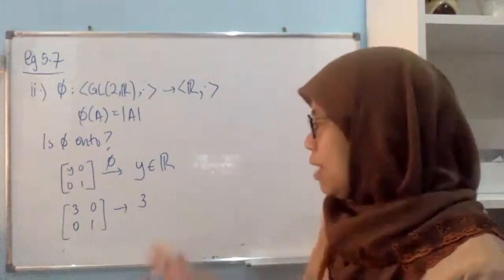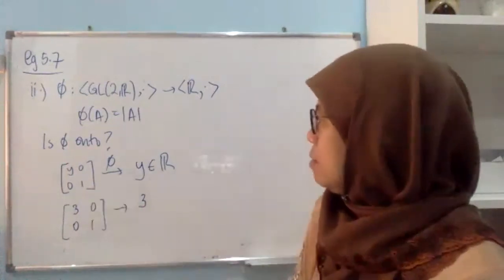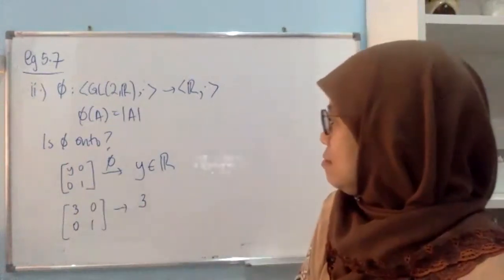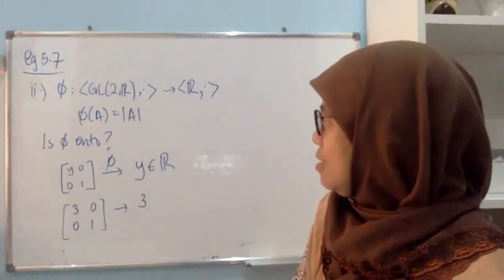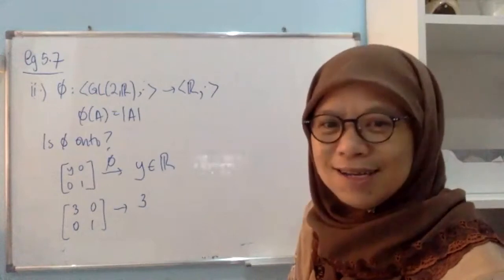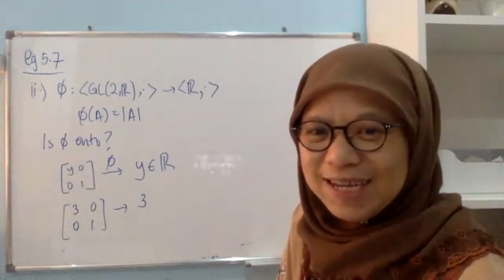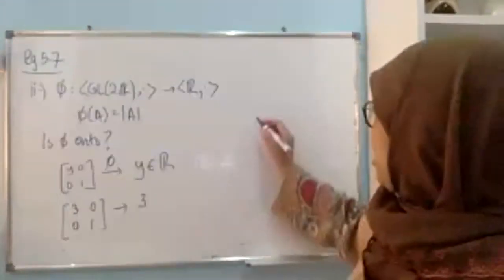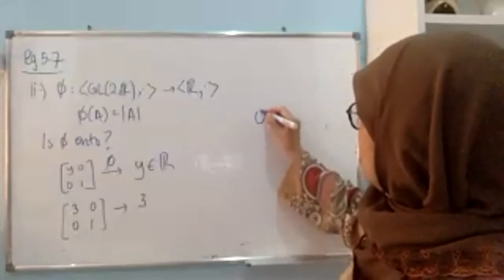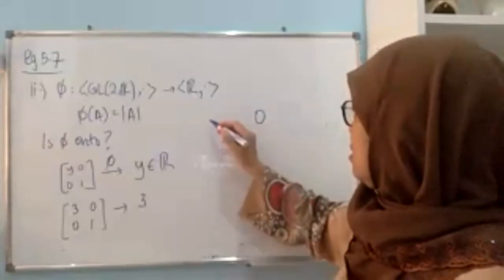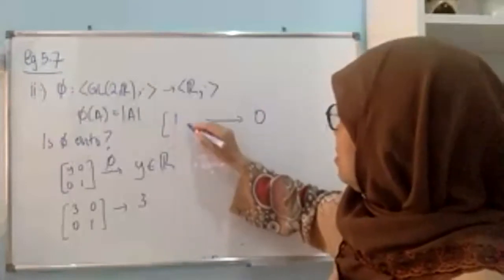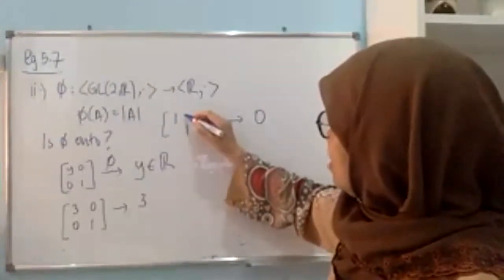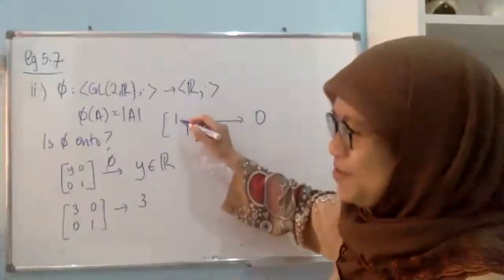Yes. From that, the determinant is 3, right? Okay, so give me any. But what is wrong? Is there anything wrong? Y equal to 0. What about 0? It cannot be, right?